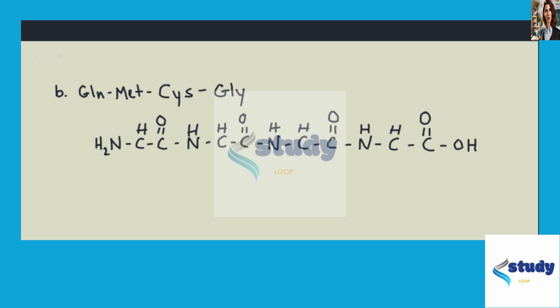Now let's do our side chains. For glutamine, the side chain is a little longer than most of the others. We have CH2, CH2 again, a carbonyl group, C double bond O, and then NH2.